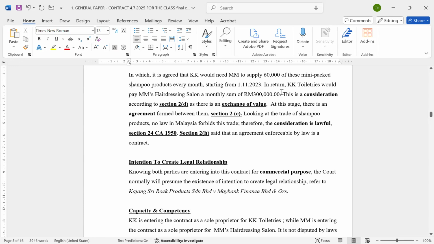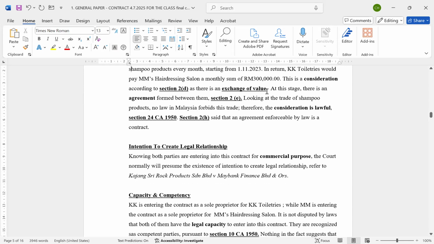So this part itself, you can see exchange of value. Consideration in Bahasa Malaysia is called balasan. What each party entering this contract will get: MM is going to get 60,000 units of shampoo, and KK will get 300,000. So this is consideration.